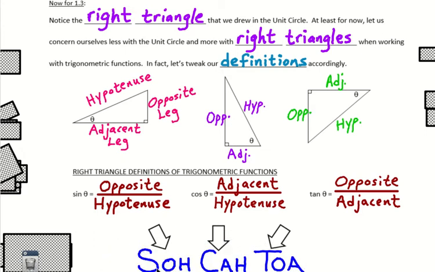It goes SOH because sine is equal to opposite over hypotenuse, then CAH because cosine is the adjacent over the hypotenuse, and TOA is tangent equals opposite over adjacent. So remembering how to spell out SOHCAHTOA would help you remember these definitions.